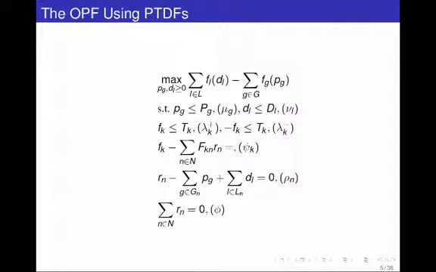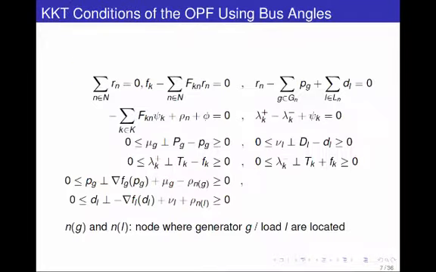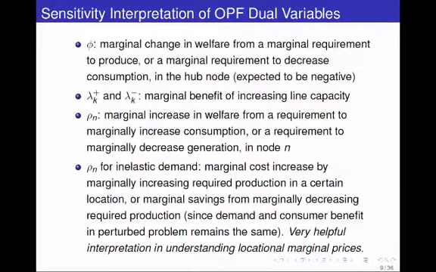The reason being, how do you get an increase in the right-hand side? You either increase the consumption a bit or you decrease the production a bit. So the sensitivity interpretation here is flipped compared to that of phi. It's the marginal welfare benefit of slightly increasing available power at a certain site. We will see these in concrete examples, how they behave.